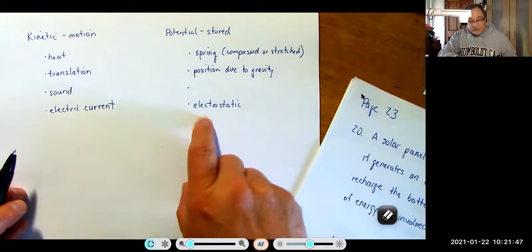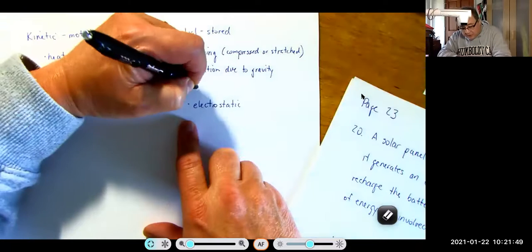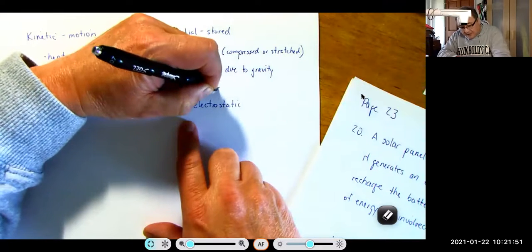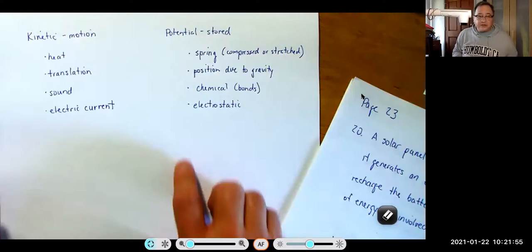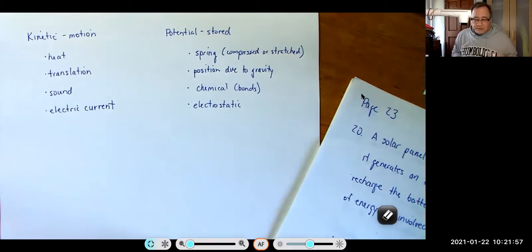And the last type of potential energy is chemical potential. And this is stored in the bonds of compounds. So it turns out that a lot of things have chemical potential. Examples would be TNT, which is a chemical compound that's an explosive.